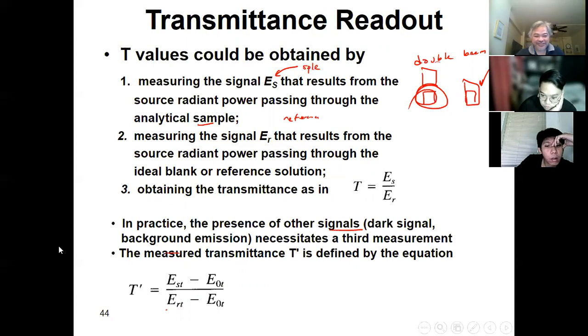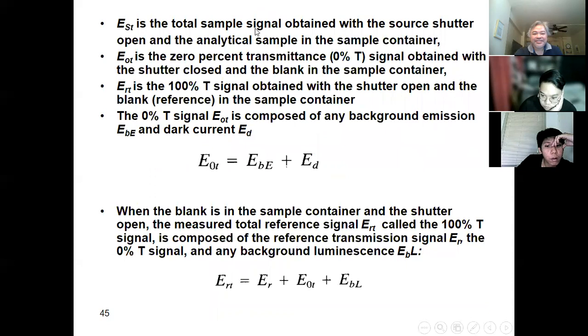So EST, we could say, is the total sample signal obtained with the source shutter open and the analytical sample in the sample container. The EOT is the 0% transmittance signal obtained with the shutter closed. So that's where the shutter comes in. But right now, you don't use the shutter anymore. Remember, this book was written in 1988.